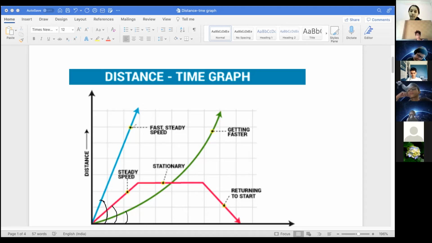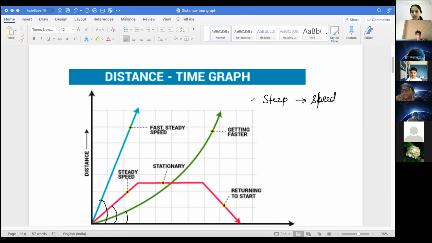You know that finding the steepness gives you the speed. The steepness of the curve means how steep the curve is. It will give you an idea about the speed.